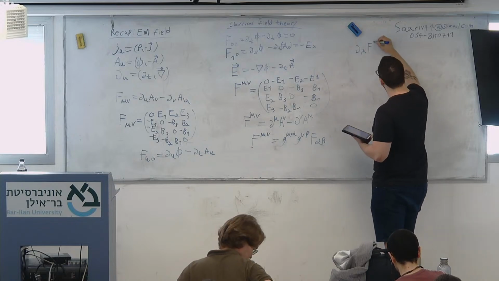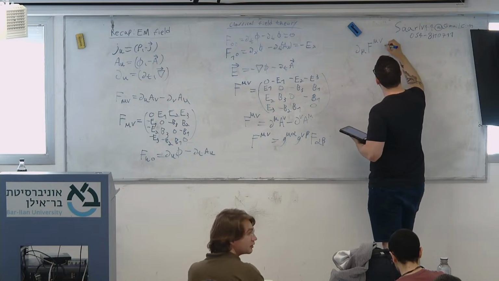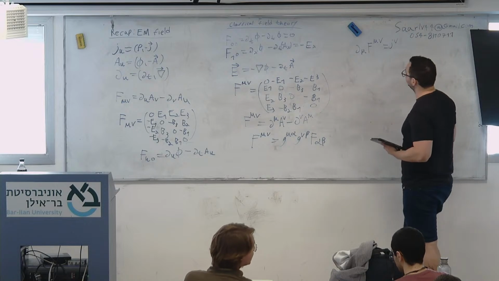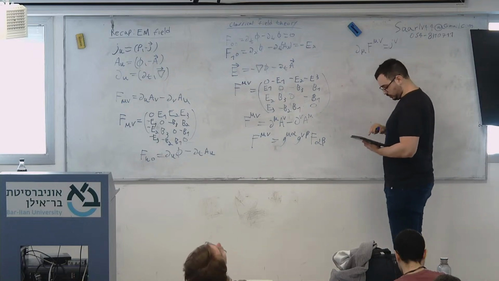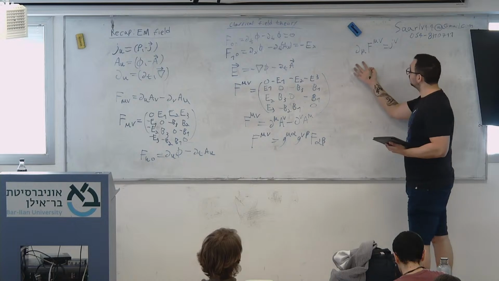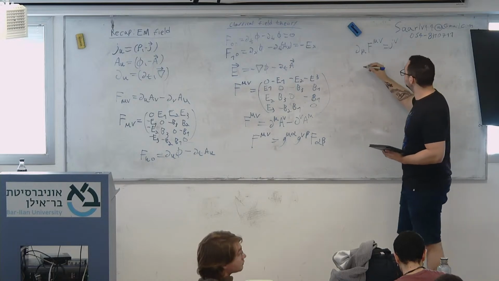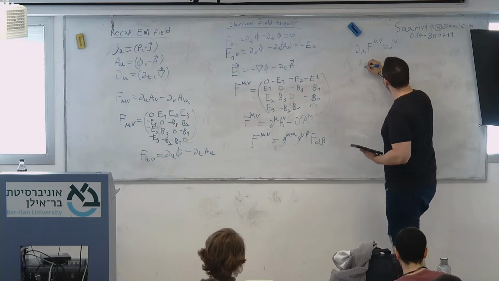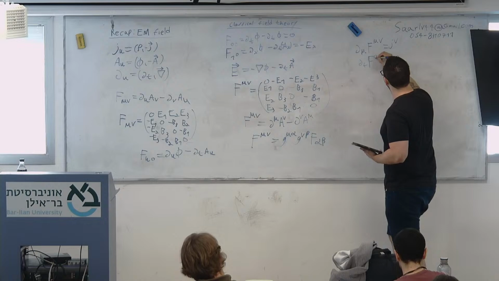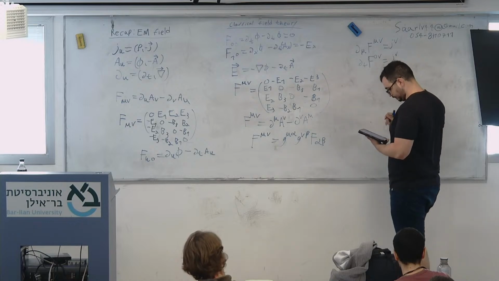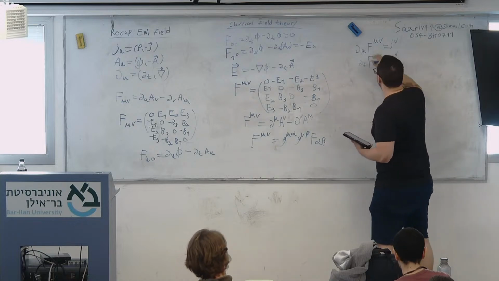Let's just check this claim with an example of mu equals 0. So ∂_t F^{0u} equals j^u. Sorry.